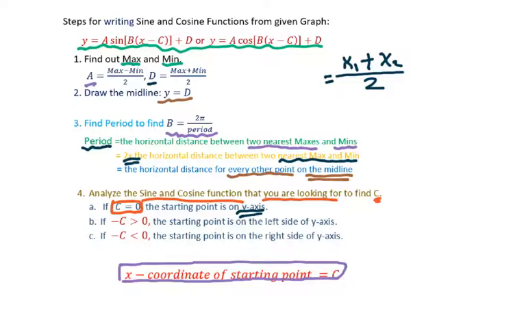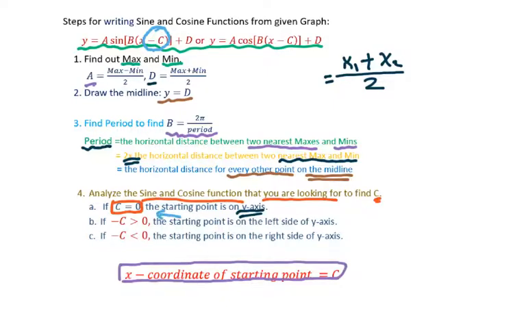If negative C is greater than 0, the reason why I write down negative C, just check over here, in the transformed form of the sine and cosine function, if negative C is greater than 0, you know that inside there is a linear rule. The parent function will move to the left side.